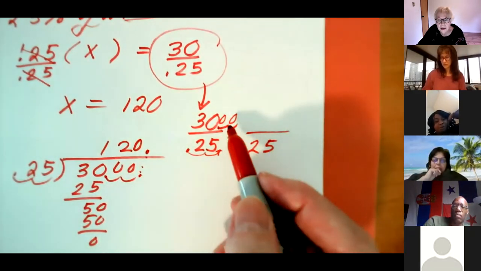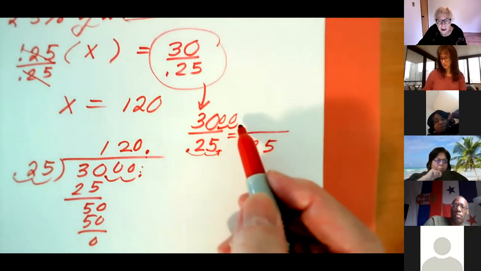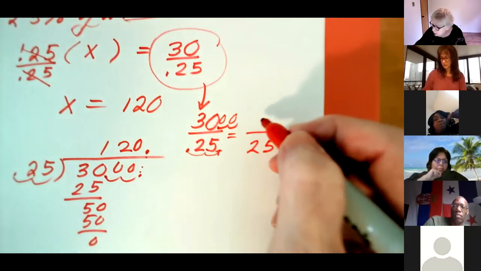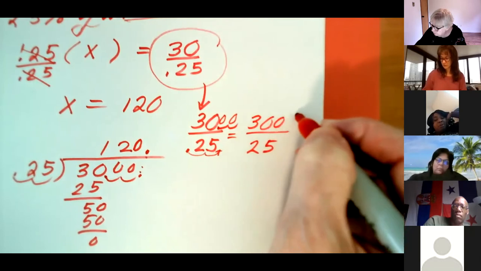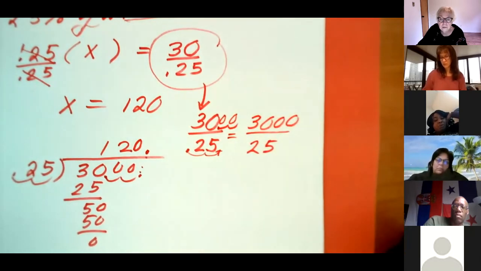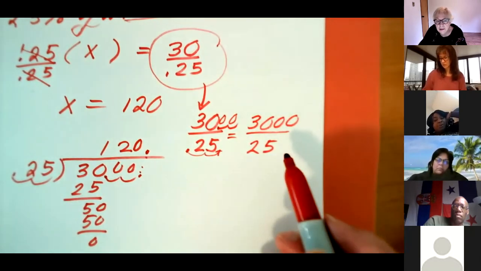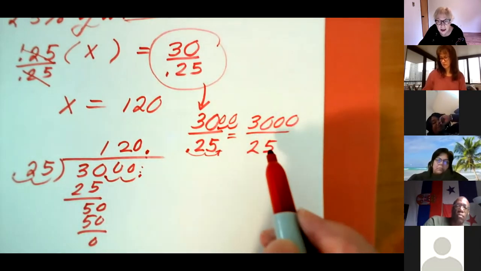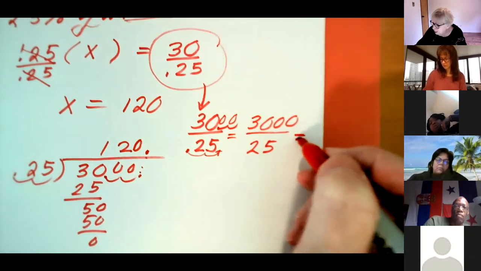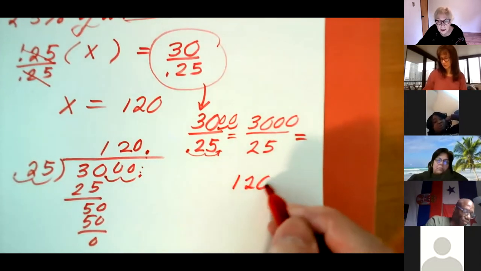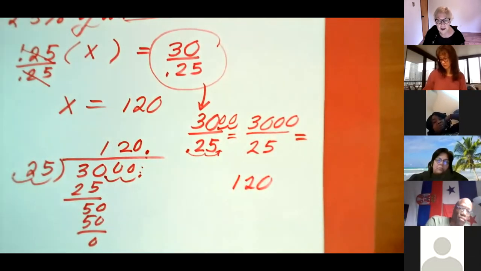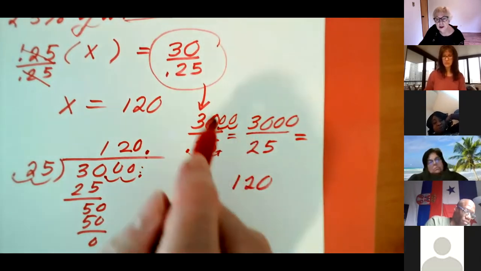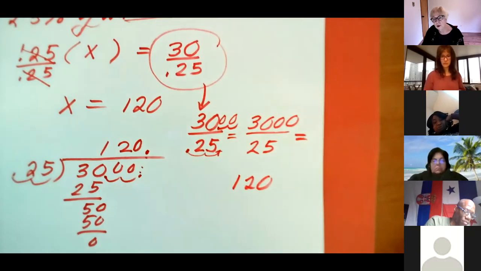I would have to add a 2 decimal shift, which would take this to 3,000. This is the same thing that we ended up doing, isn't it? 3,000 divided by 25. This would have gotten you to your 120 if you continue to reduce it. So this required the long division. I guess they both required long division in a way.